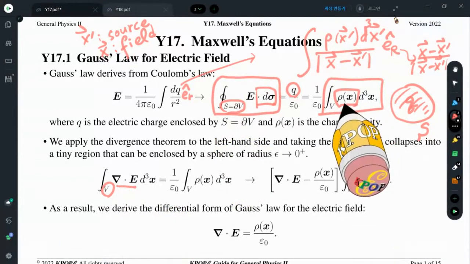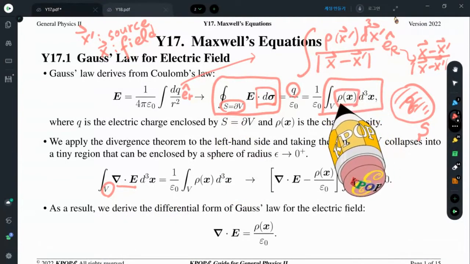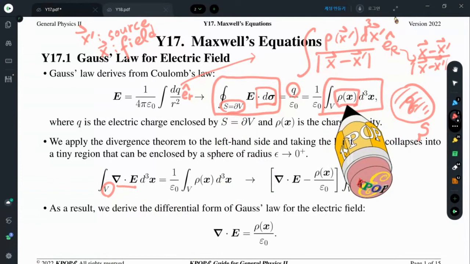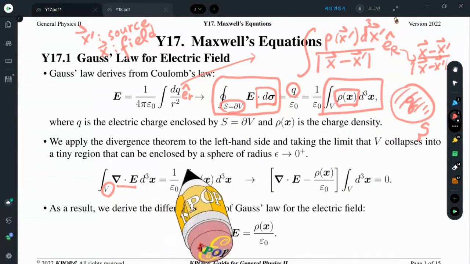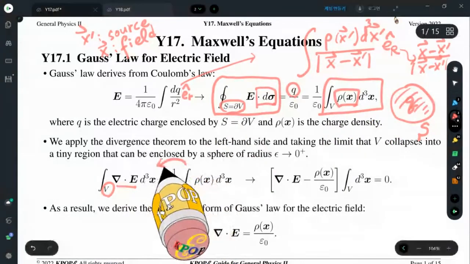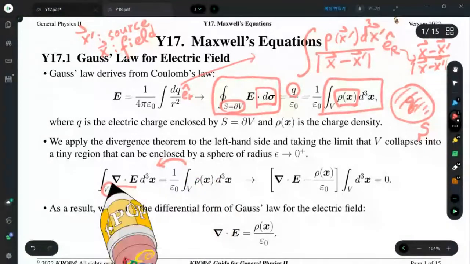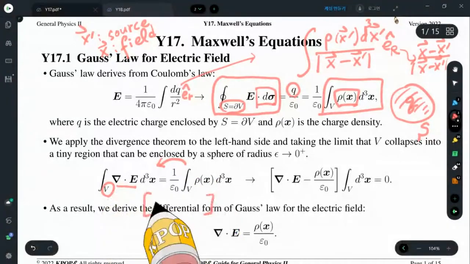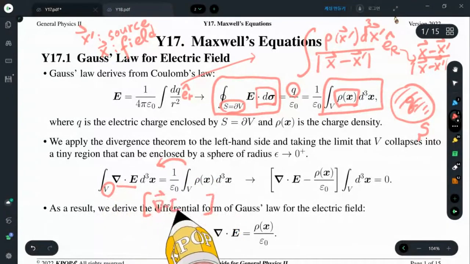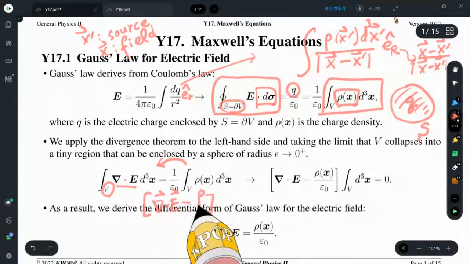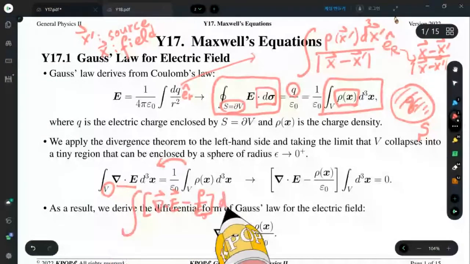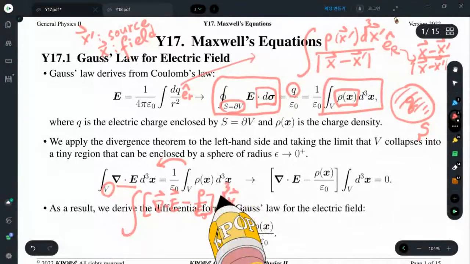And on the right hand side, we have a volume integral of charge density. We can move this right hand side to the left hand side, then the integrand becomes the divergence of the electric field minus density over epsilon zero, integrated over space.